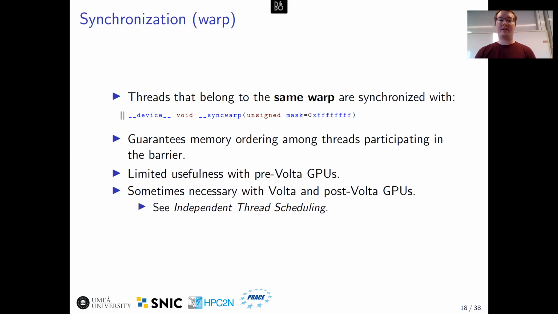I'm only mentioning it because this instruction has started appearing in all sorts of tutorials, and it's not that useful with GPUs older than Volta. So if you find a tutorial that uses the sync warp instruction, you should first go and read about independent thread scheduling before you use it in your code, because it can behave in a weird way on pre-Volta GPUs.